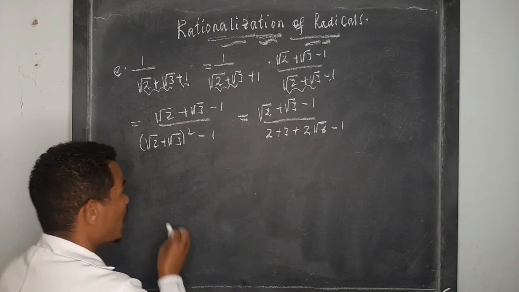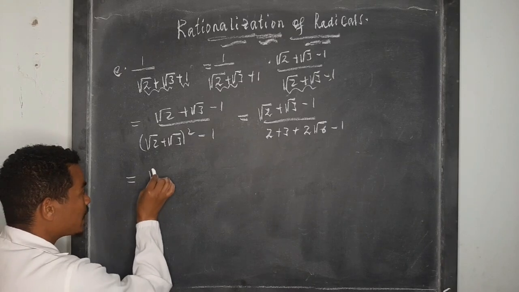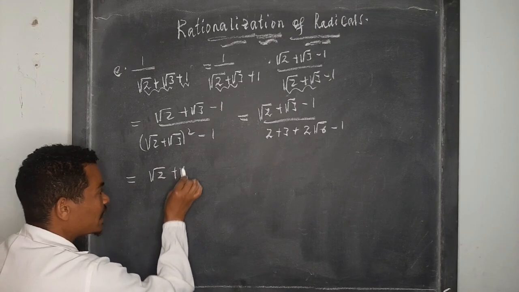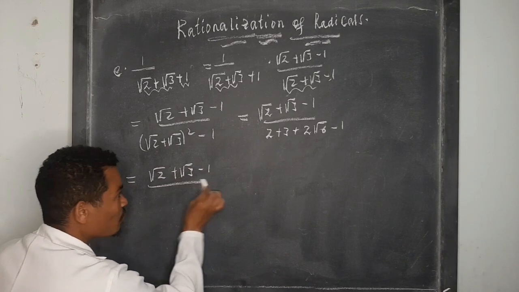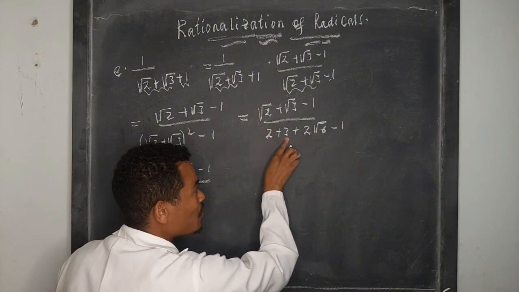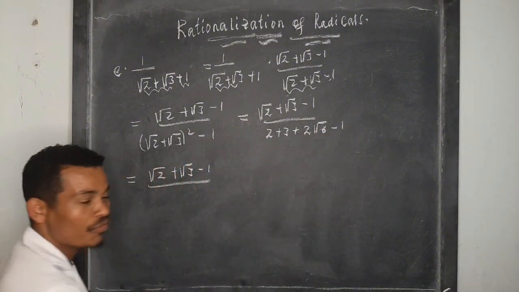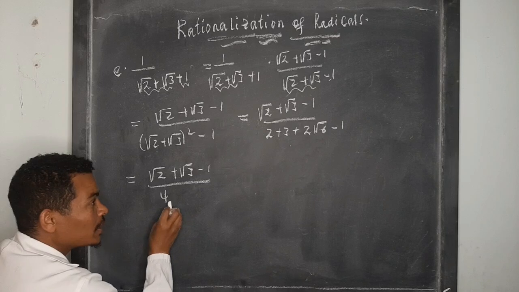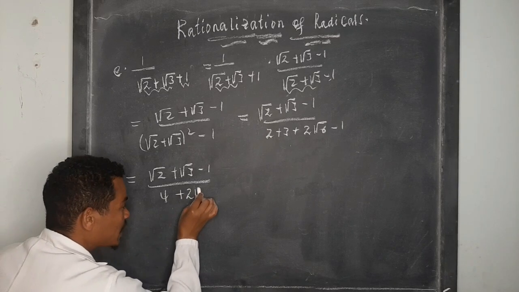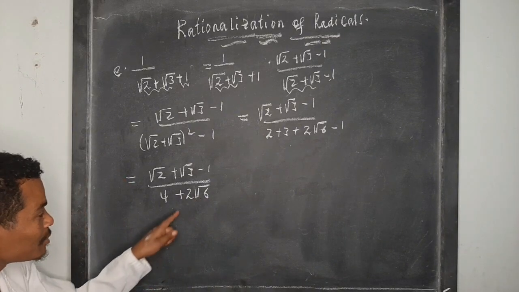Again, 2 plus 3 is 5, 5 minus 1 is 4, right? 4 plus 2 radical 6.